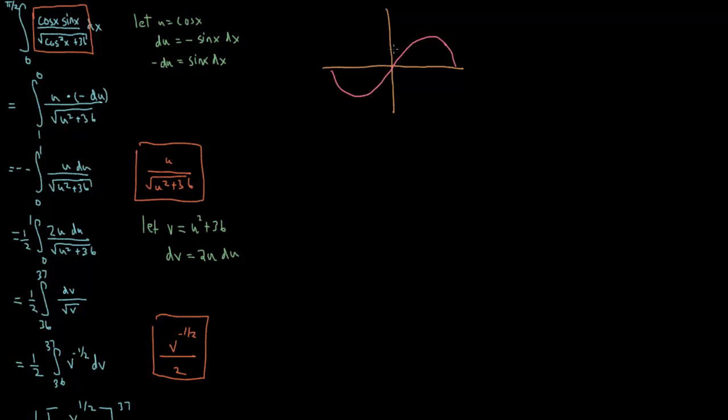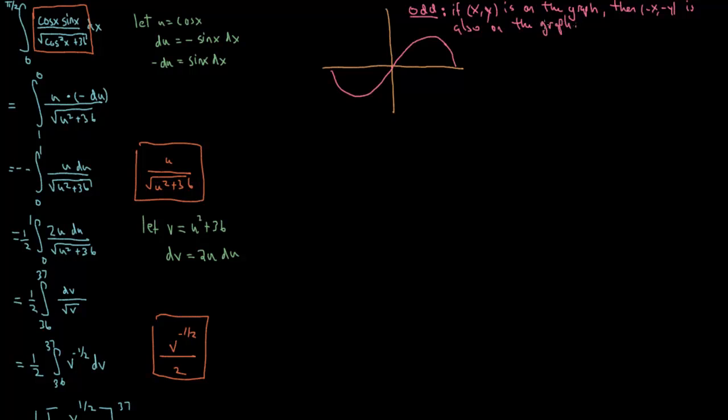Graphically, odd means if x comma y is on the graph, then negative x comma negative y is also on the graph.